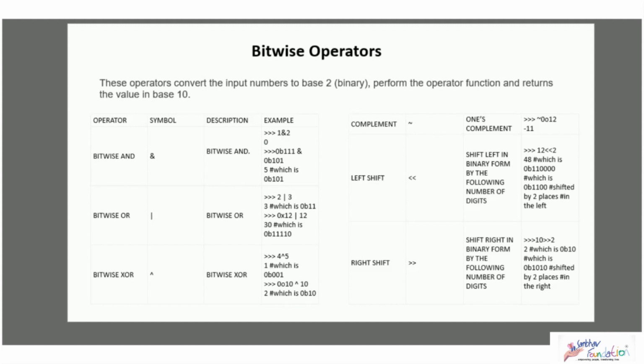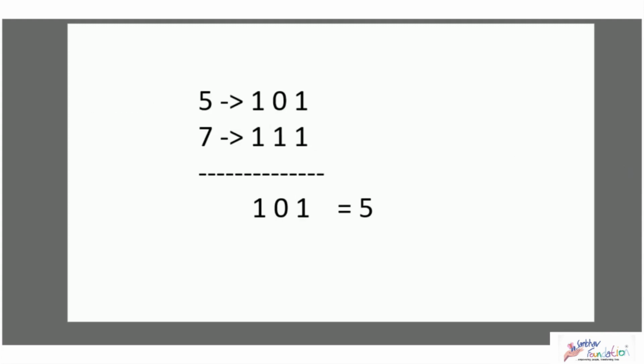As an example, we'll just look at bitwise AND. If you take two numbers 5 and 7 and perform bitwise AND between them, first you get the binary representation of those two numbers, and then since this is a bitwise AND, you perform AND digit-wise.